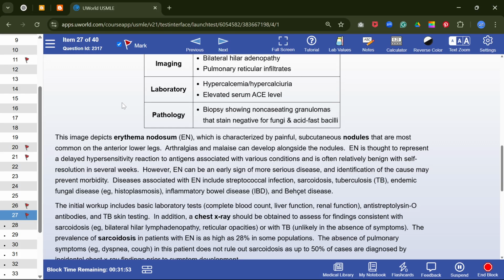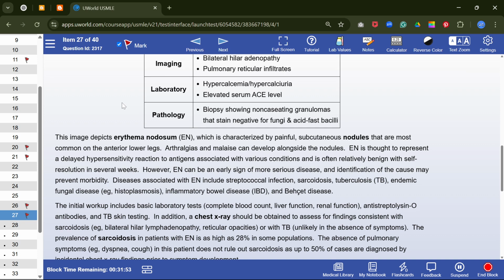Diseases associated with erythema nodosum include streptococcal infection, sarcoidosis, TB, endemic fungal disease, histoplasmosis, IBD, and Behçet's disease. The initial workup includes basic labs: CBC, liver function, renal function, anti-streptolysin O antibody, and TB skin testing. In addition, a chest X-ray should be obtained to assess for findings consistent with sarcoidosis, such as bilateral hilar lymphadenopathy and reticular opacities, and TB, unlikely in the absence of symptoms.